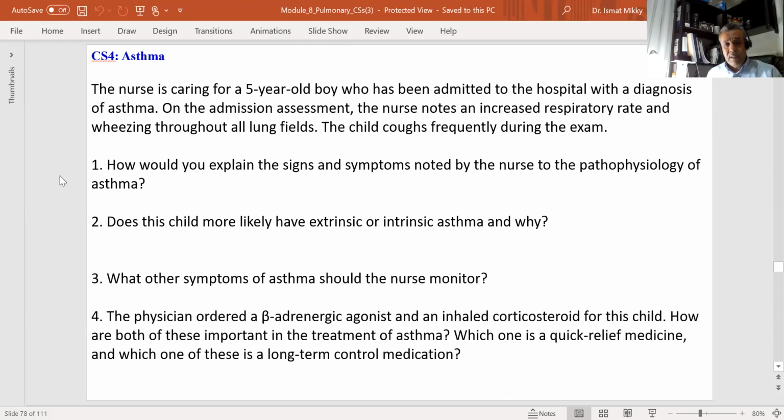What other symptoms of asthma would you monitor as a nurse? It is very important for the nurse to monitor for signs of hypoxia. The patient can have a marked increase in respiratory rate and increased use of accessory muscles. Hypoxia can affect mental status with changes in the level of consciousness.